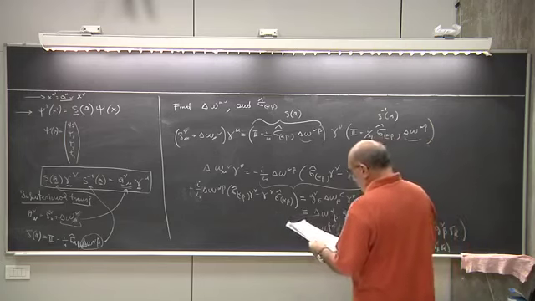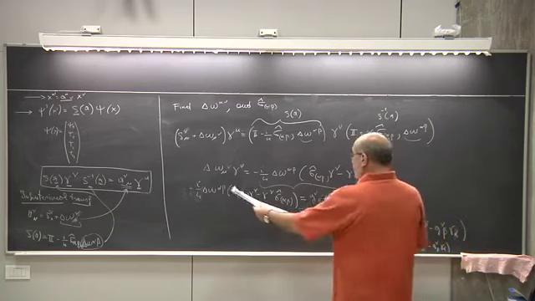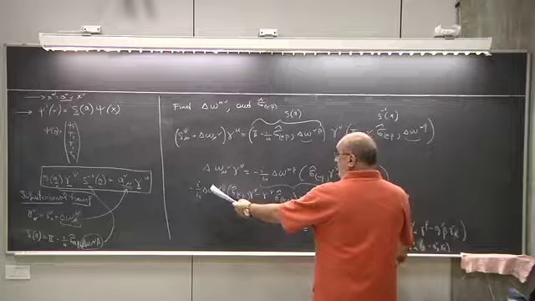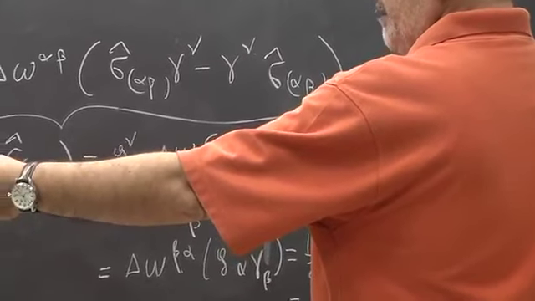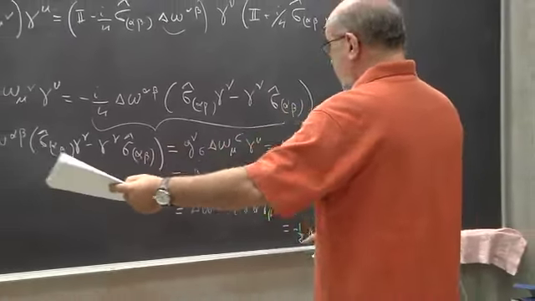Okay. Now if we compare the two, we have the same factor, omega and omega. Here we have 1/4, here we have 1/2.